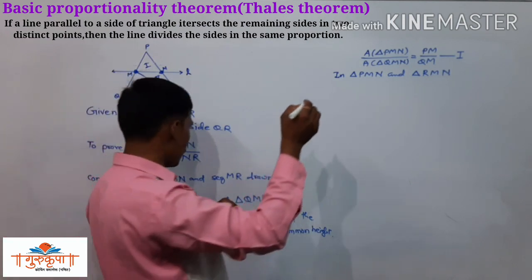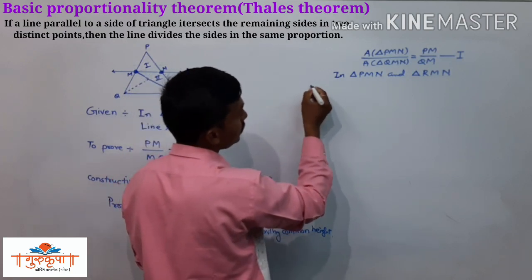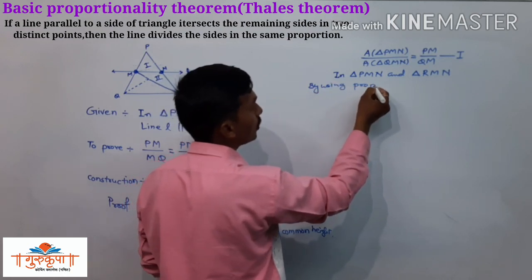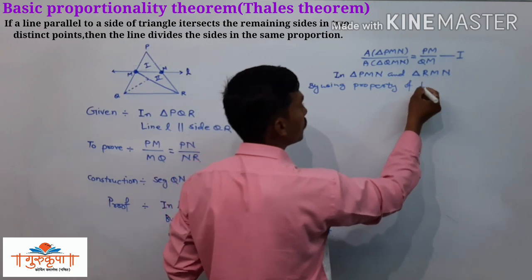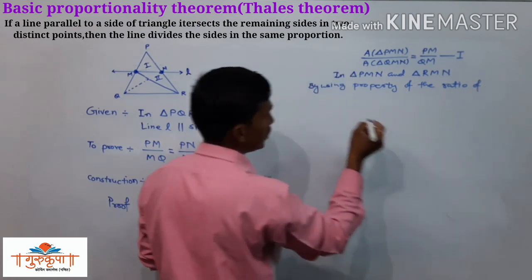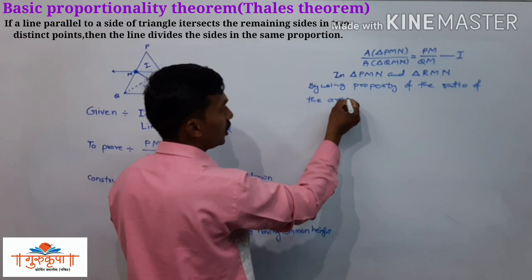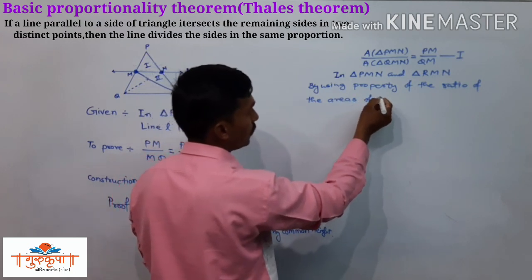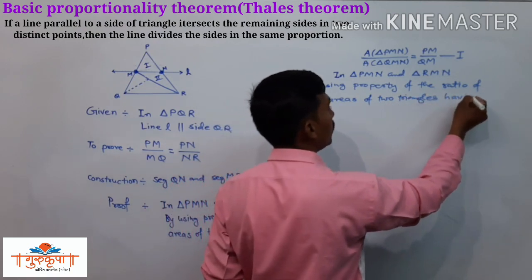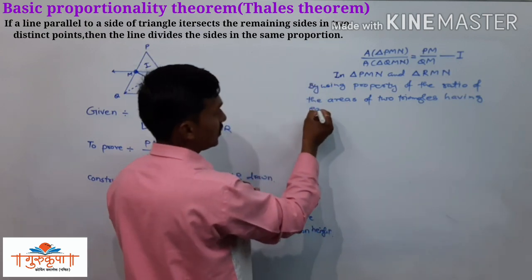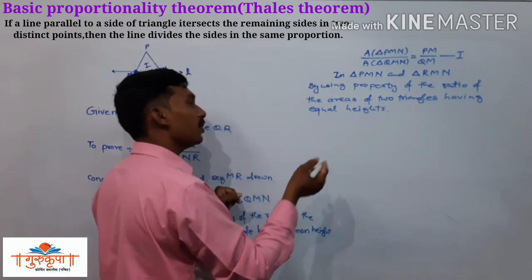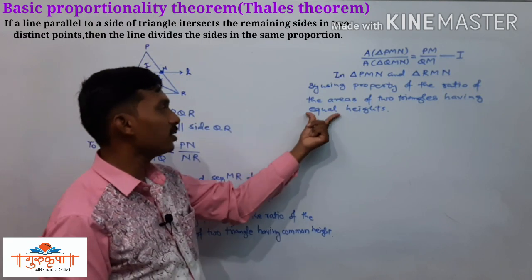So here we can use the property of the ratio of the areas of two triangles having equal heights, or you can say having common heights. You can use any word, either equal or common.